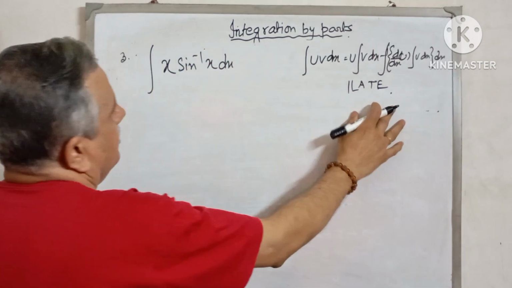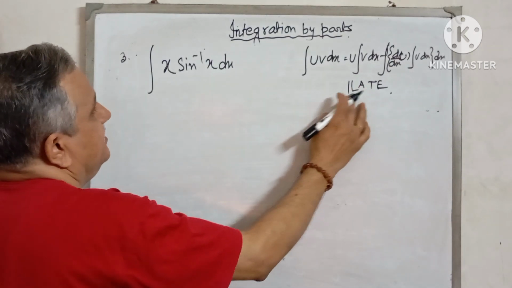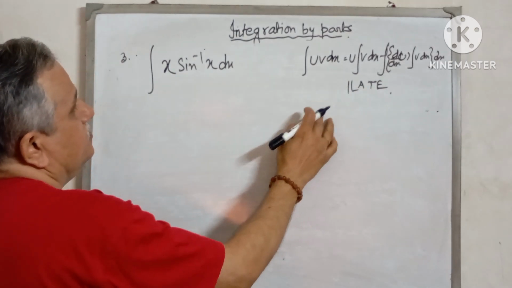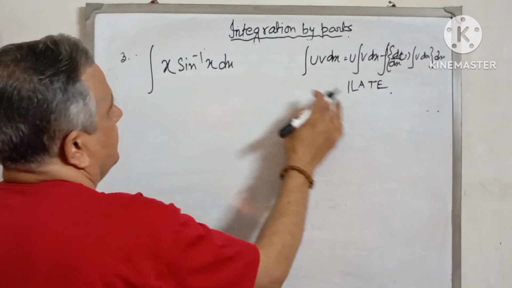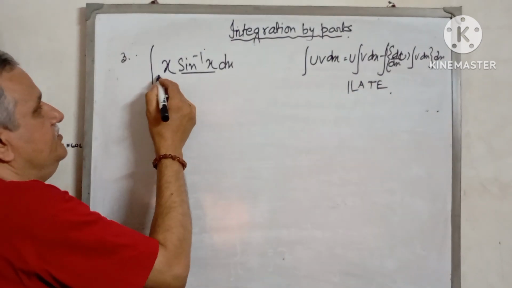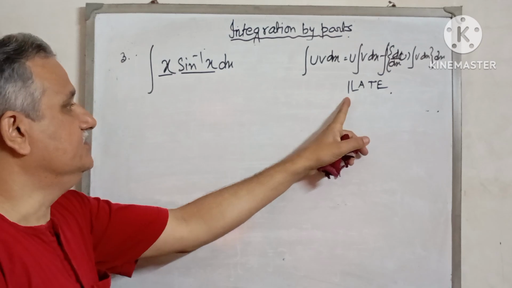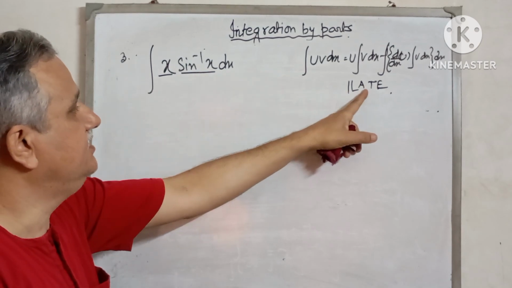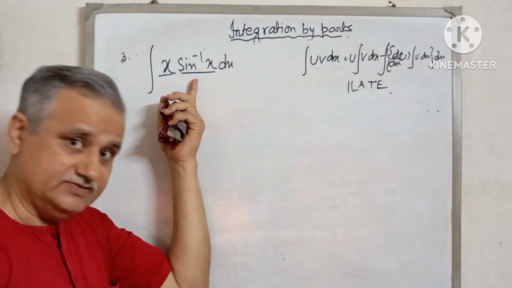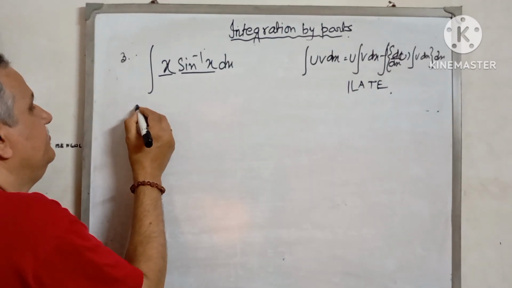Using the ILATE rule, algebra is left of inverse function, inverse function is left of algebra. So we have to take the inverse function as the u function, and this as the v function. Since the trigonometric inverse function is left of algebra, we take sine inverse x as the first function and x as the v function, that is the second function.